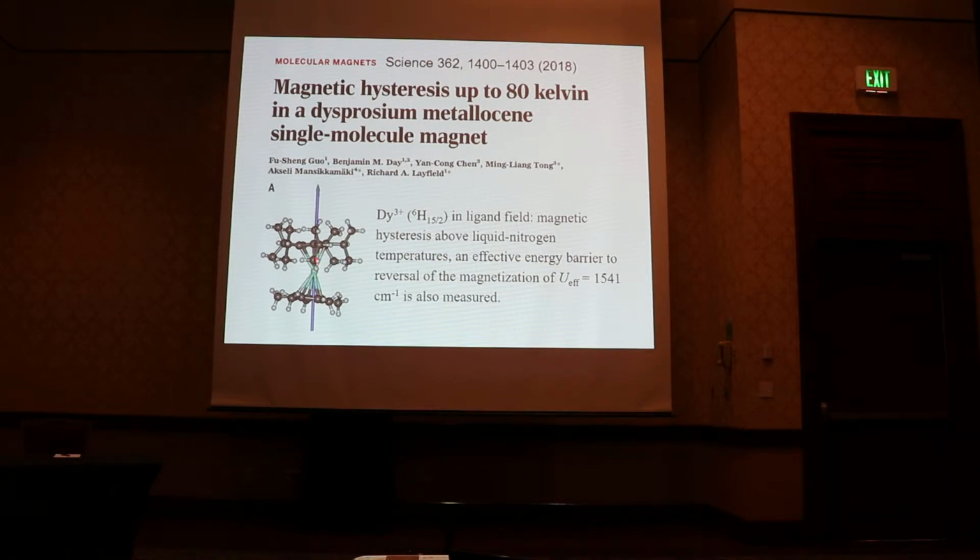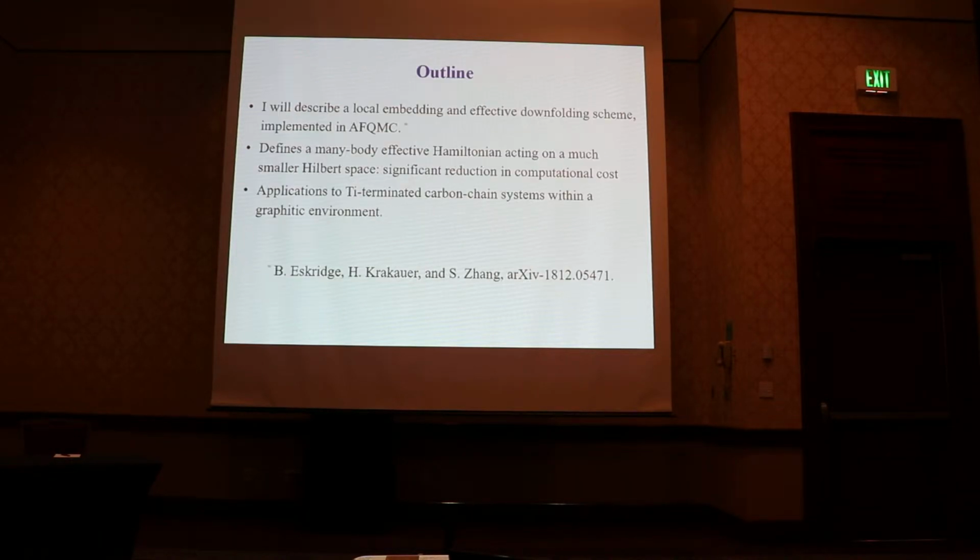And one would like to know, so far this has mostly been done with density functional theory modeling to try to understand some of the things that are being seen in the experiment. And this is a very challenging system. It's got 4f localized electrons.